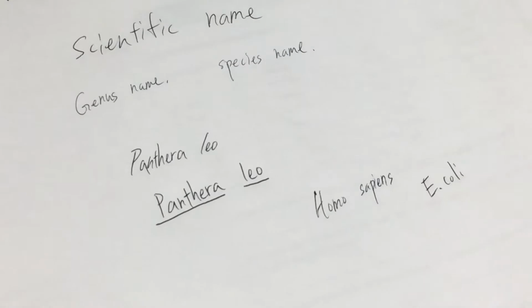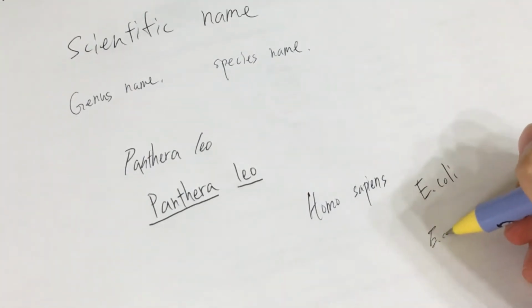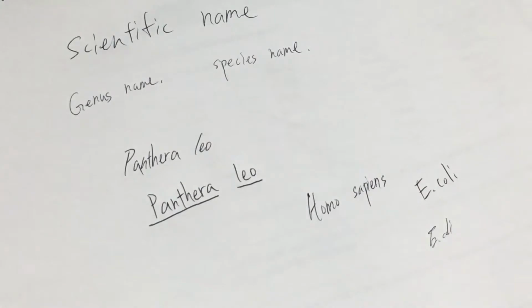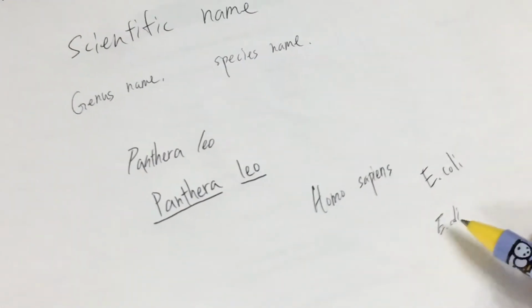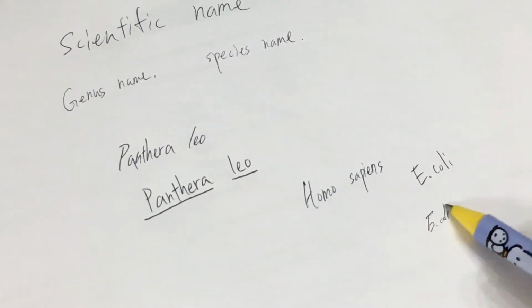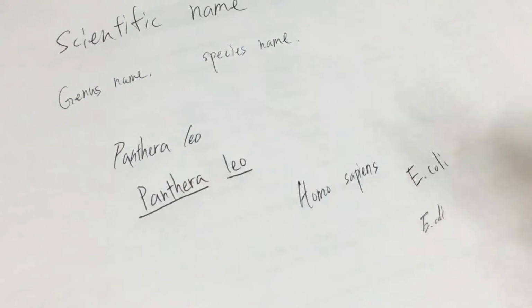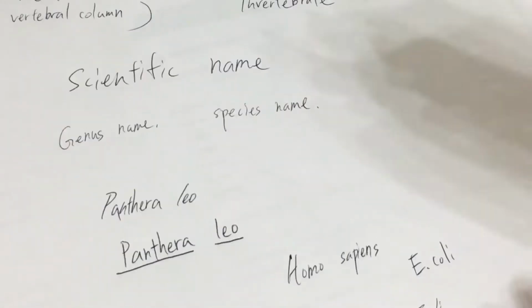So if you write it like this, in fact it should be wrong. It should be italic. E. coli. E stands for Escherichia, and then coli is the species name. So this is a shortened form of the scientific name.